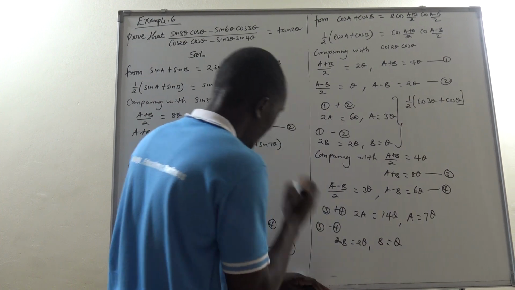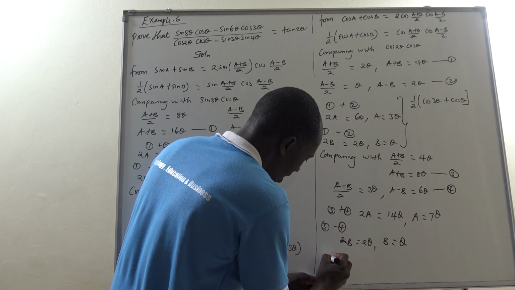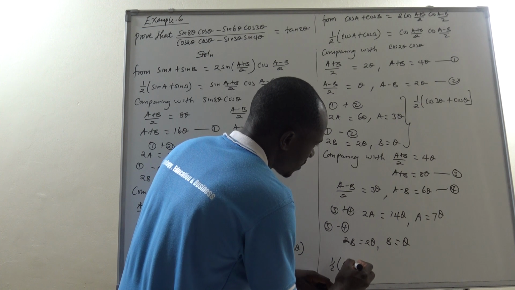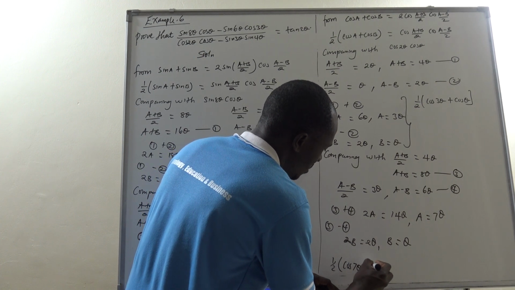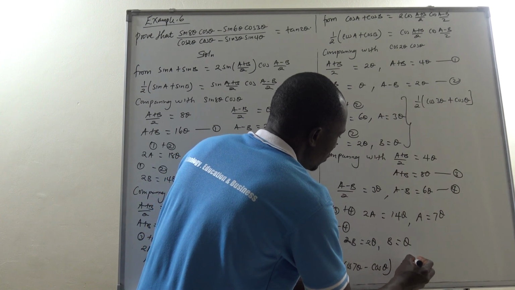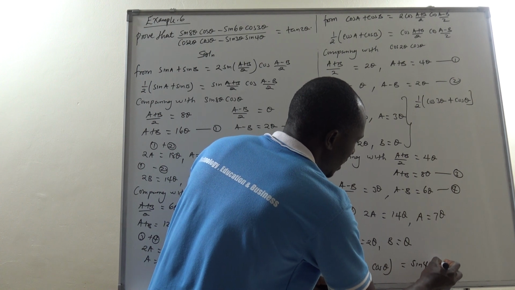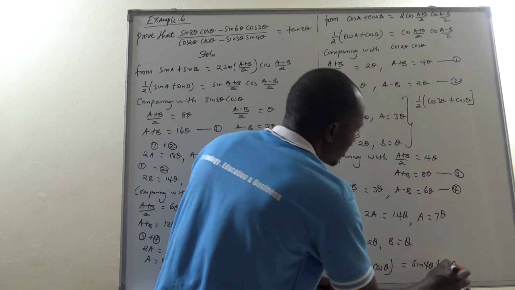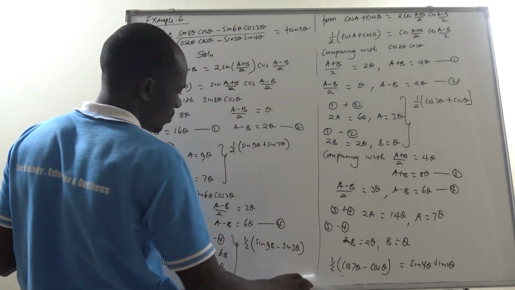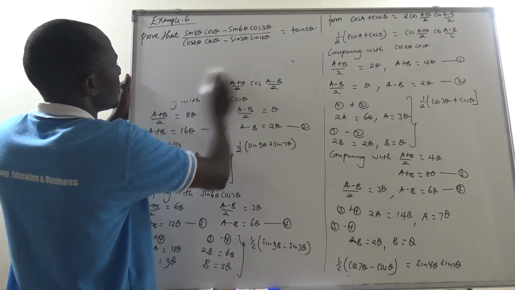So this implies that we shall have a half into cos of 7 theta minus cos of theta, which is equal to sine 4 theta sine 3 theta. So after coming out with that, then we are free to substitute in all these in the above expression.